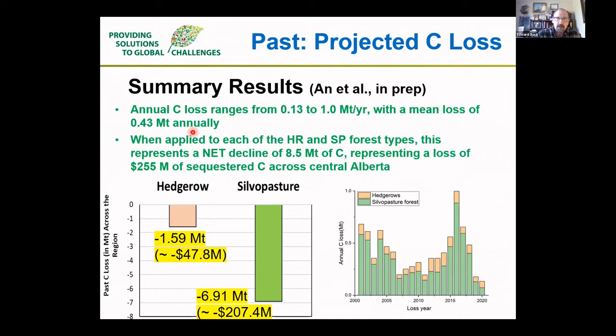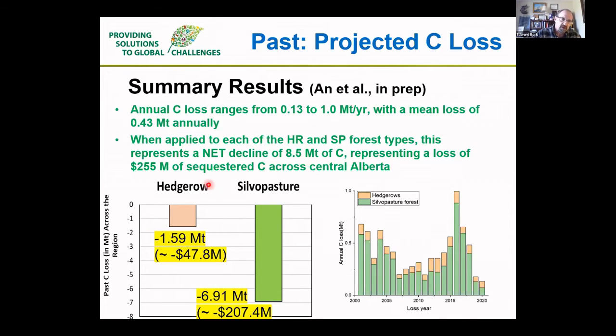And if you add that up across the hedgerow and the silvopastoral forest types, the two more common types, we have undergone a loss of somewhere around 8.5 million tons of carbon over the last 20 years in central Alberta.